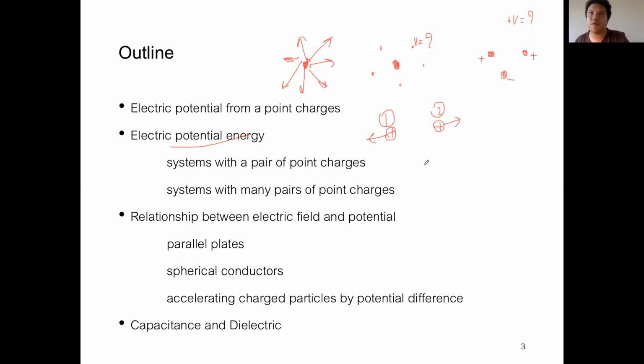Then the system with many pairs of point charges: if you create a system of charges, you need to do some work to get a configuration like this, and all the work done to the system in order to get this is the potential energy.